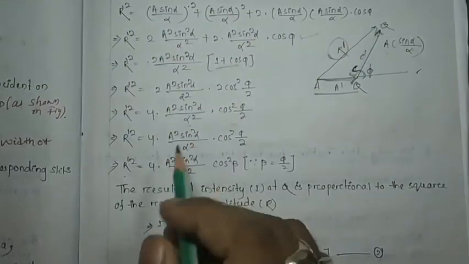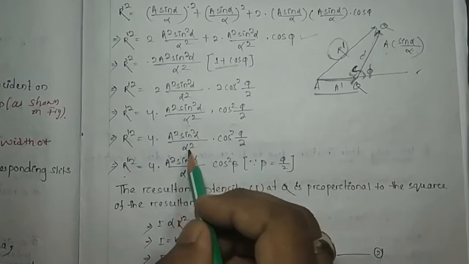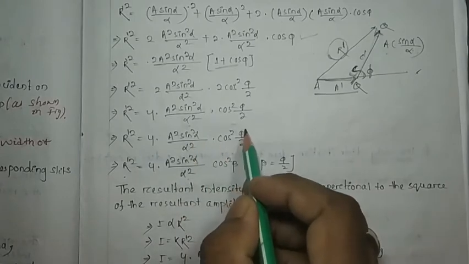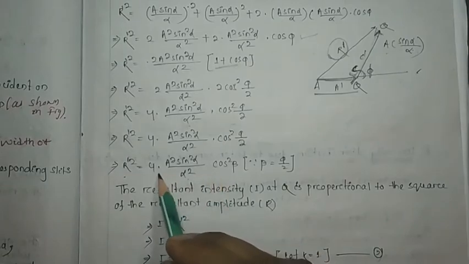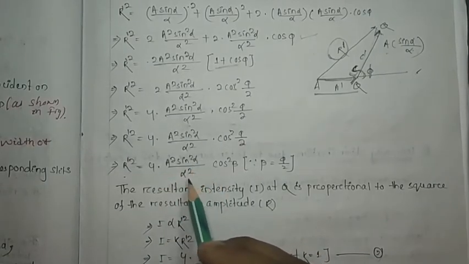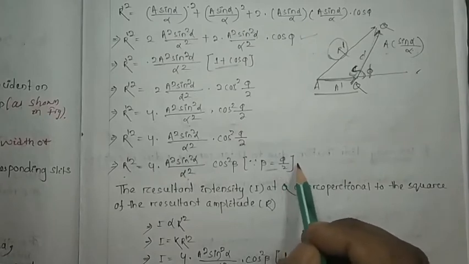Now we found that R dash square is equal to 4 into a square sin square alpha by alpha square into cos square phi by 2. That implies 4a square sin square alpha by alpha square into cos square beta. Here beta we have taken as phi by 2.